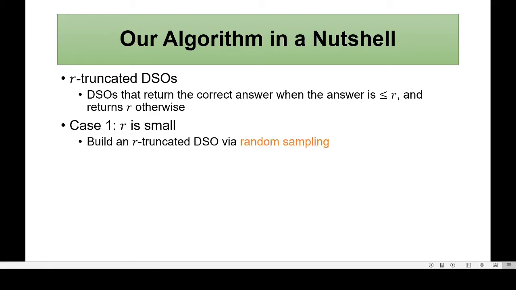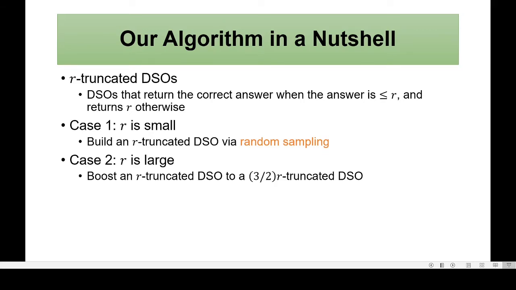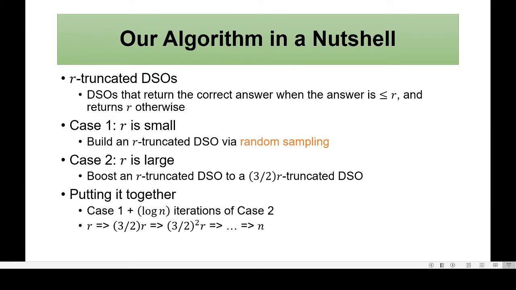So we have two cases. First, if r is a small value, then we can build an r-truncated DSO by standard techniques of random sampling. And second, if r is large, our idea is to boost an r-truncated DSO to a 3/2 r-truncated DSO. So what does our algorithm look like?